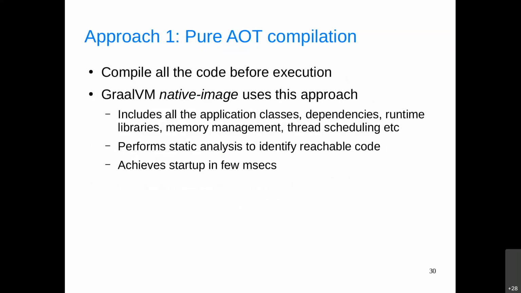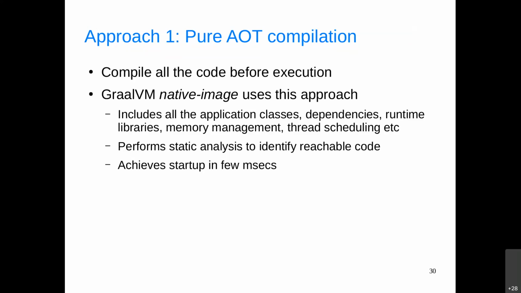The idea behind this approach is very similar to compiled languages, where you compile code written in a high level language directly to native code before you actually start execution of the application. In the context of the JVM, this is called AOT compilation, or ahead of time compilation, to contrast it with just-in-time compilation, because AOT compilation happens before the execution of your application, while JIT compilation happens during the execution.